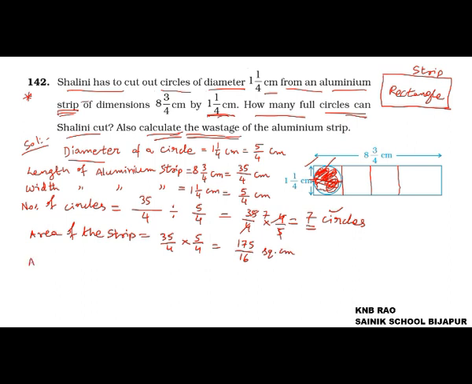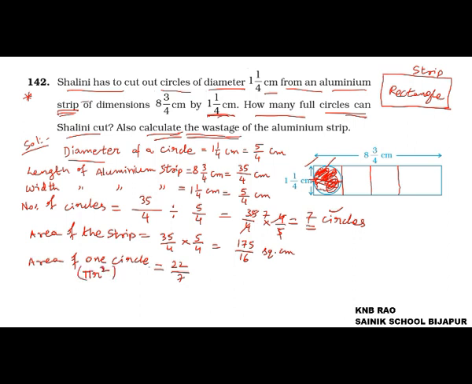Now we'll find out the area of one circle, which is pi r square.